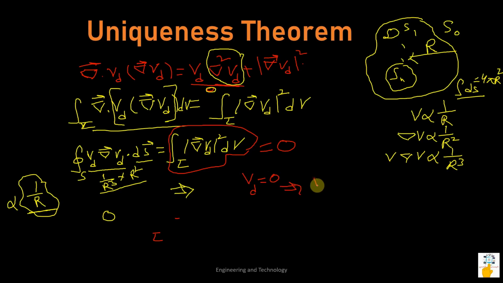When Vd is equal to 0, it implies that V1 is equal to V2. So we have only one solution. We have proved that V1 is equal to V2. So this is the uniqueness theorem: the solution of the Poisson and the Laplace equation that satisfies the given boundary condition is unique. Okay, we have proved that.